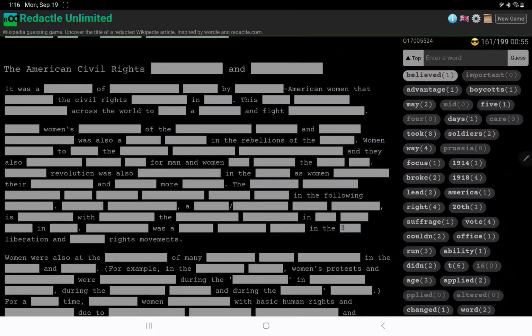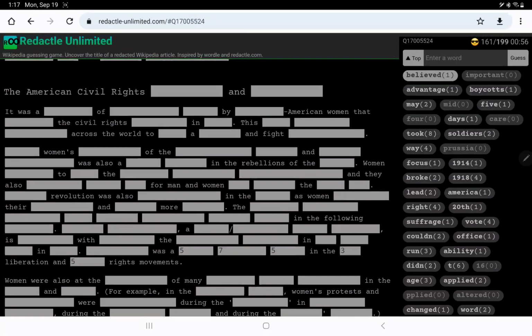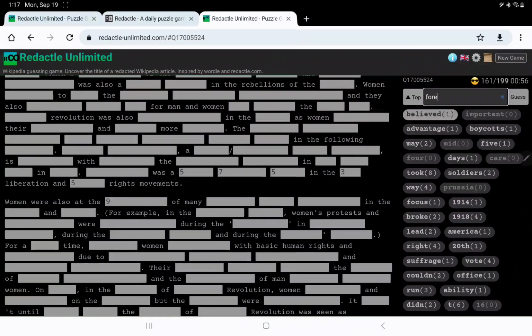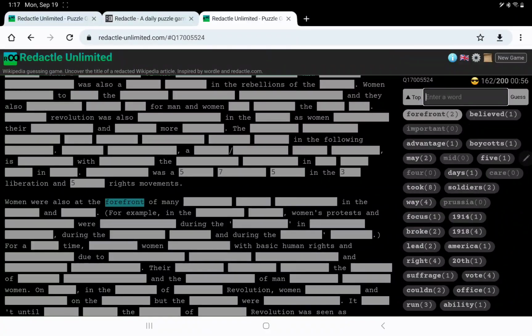In the 3 liberation and 5 rights movements. Women were also at the forefront of many 7-5-9 movements.